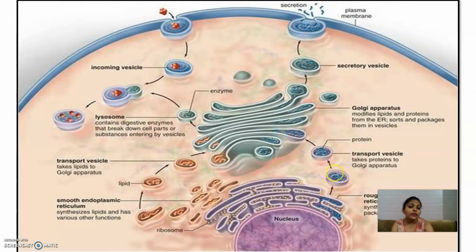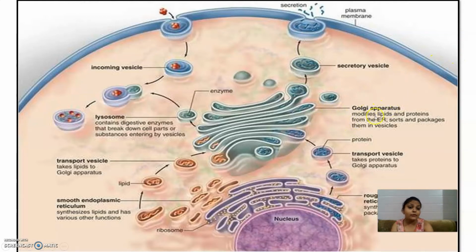After the translation, the proteins enter the lumen of the rough endoplasmic reticulum. They undergo modification, and when these proteins leave the endoplasmic reticulum, the vesicles are coated with the COPII protein. These transport vesicles take the proteins to the Golgi apparatus and fuse with the cis phase of the Golgi apparatus.